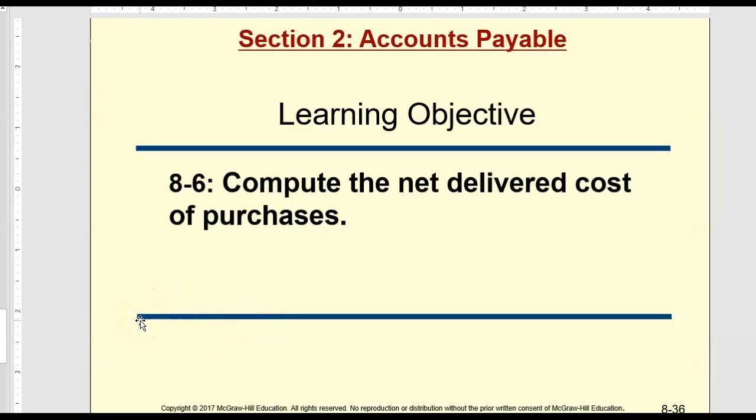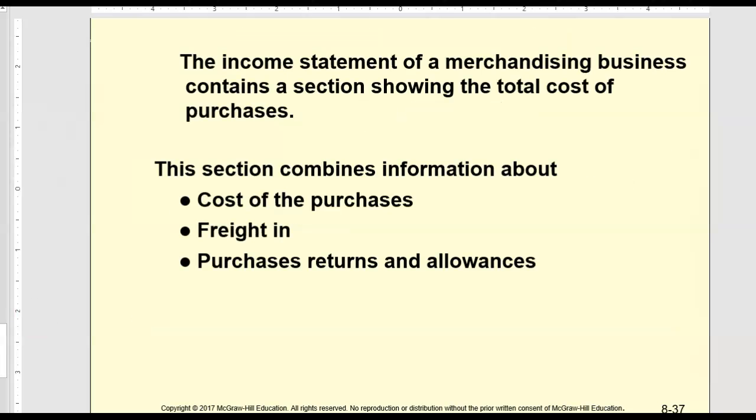Let's deal with a little bit now about that delivery cost stuff. When you buy merchandise for a business, you will have the cost of the purchase, you'll have the cost of the freight, and then sometimes you'll have the discounts and returns that go along with it.